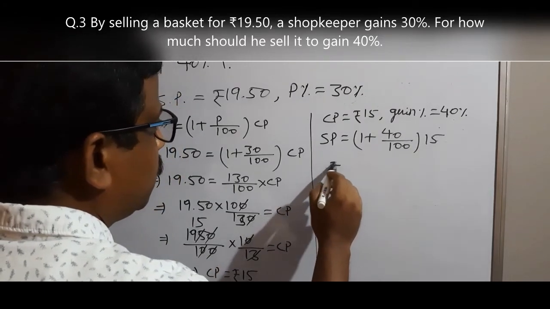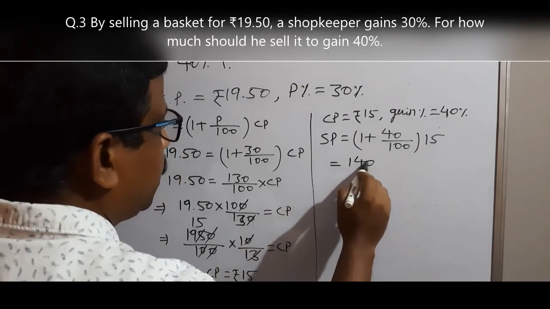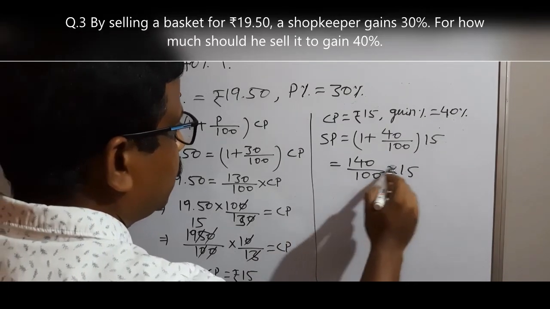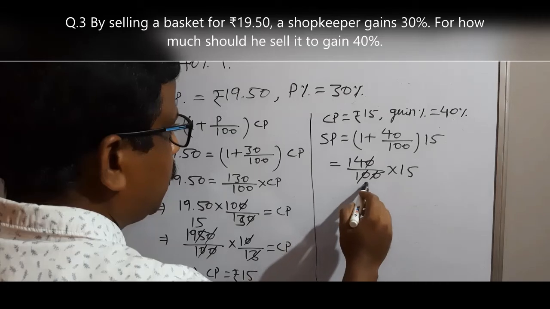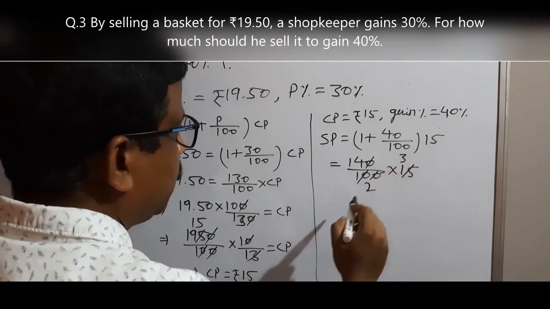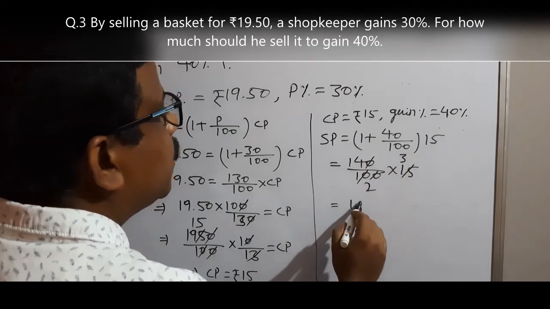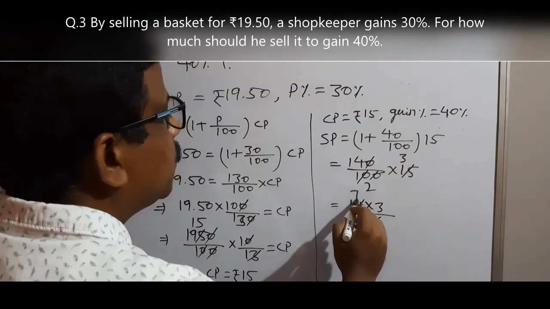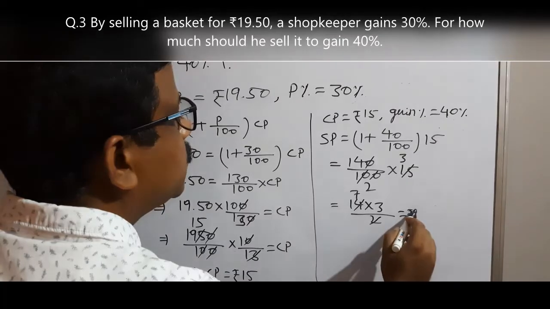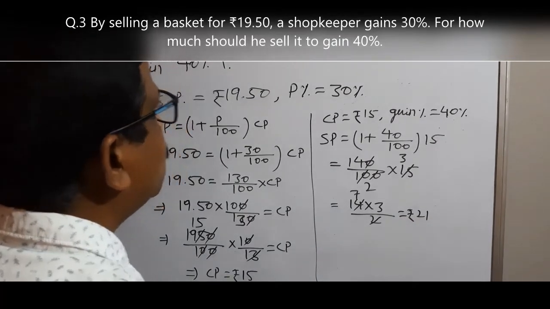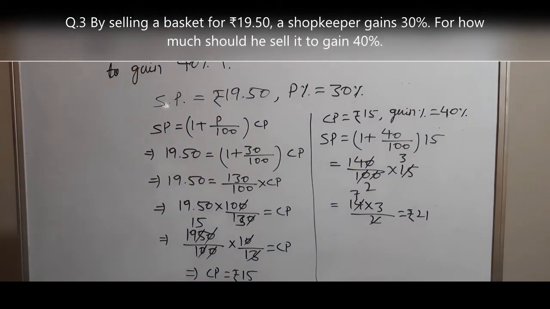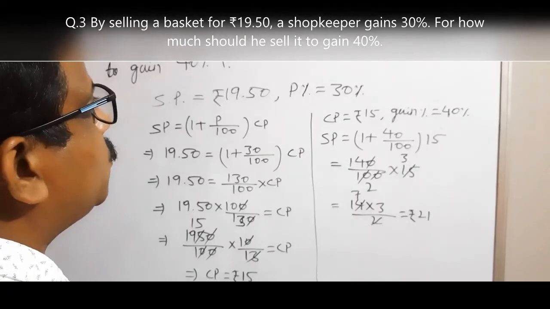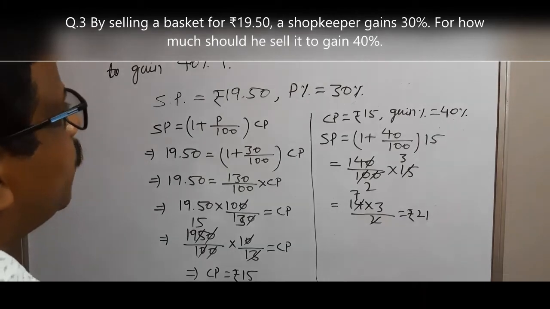So this is 140 by 100 into 15. 0, 0 cancel, 5 cancels 2, 3. Again here what is left? 14 into 3 by 2. Cancel. So rupees 21. So we got the SP. So for how much should he sell? So the shopkeeper sells at rupees 21 to gain 40%.